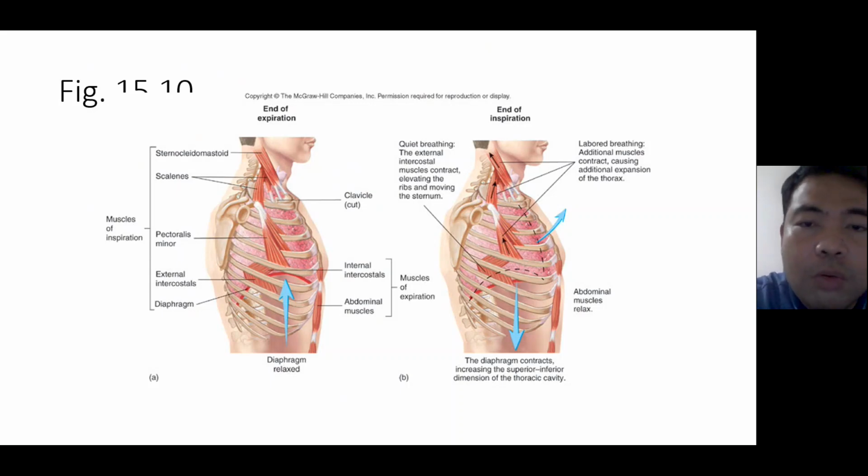We only use these muscles on labored breathing. Kapag tayo nahihirapang huminga, katulad ng mga pasyenteng may chronic obstructive pulmonary diseases, at mga mayroong asthma, may mga hika, we tend to use also our sternocleidomastoid, our scalene, and our pectoralis minor.